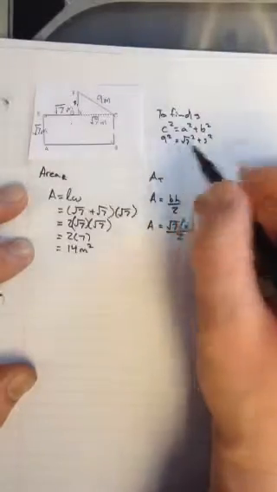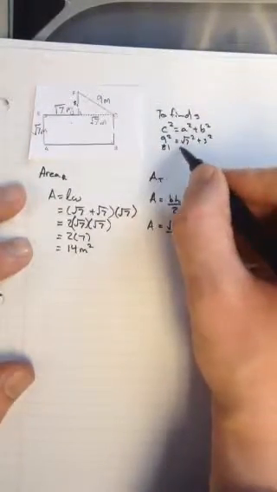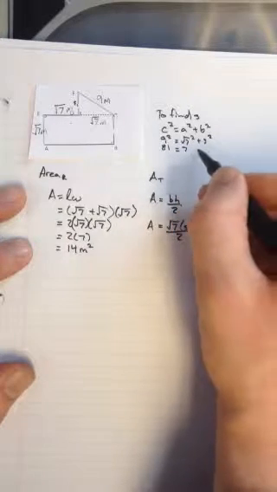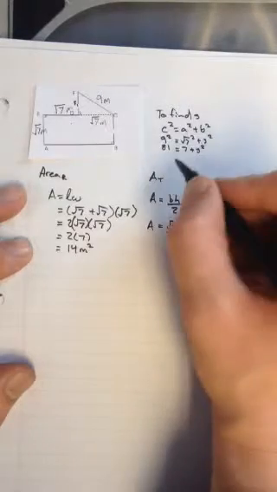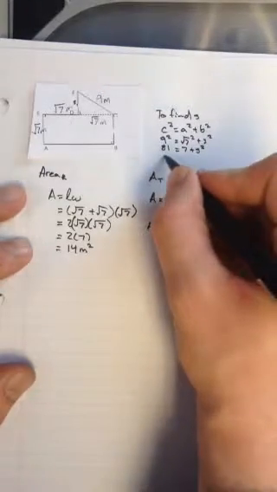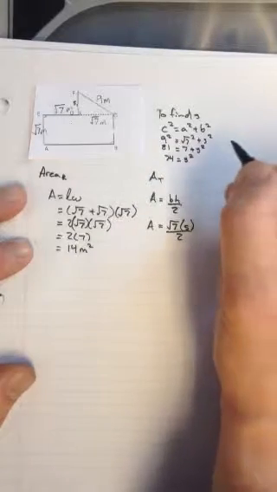Then we just simplify. 9 squared is 81. The root of 7 times the root of 7 is 7. And we add S squared. Subtracting 7 from both sides gets me 74 equals S squared.